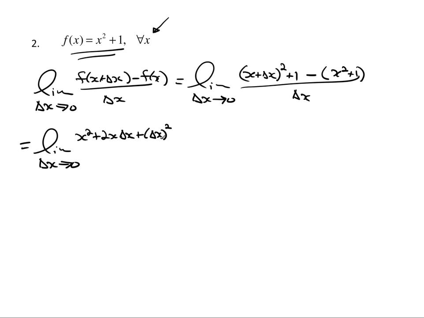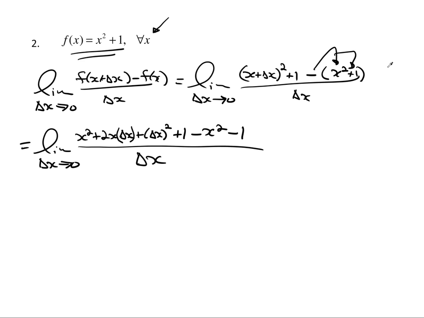It's not a delta times x. Probably should do it here just for completeness, so there's no doubt that this is a single unit. It's not two things multiplied by each other. That covers expansion. Plus 1. I'm going to drop these parens, so that will give me a negative x squared. I need to take this negative and distribute it, so x squared minus 1, divided by delta x.